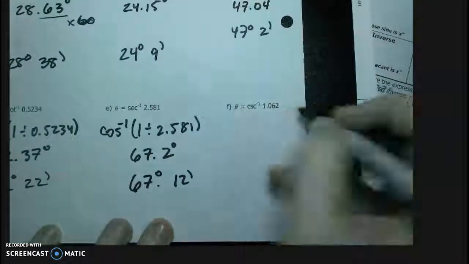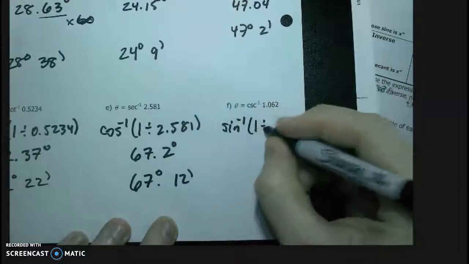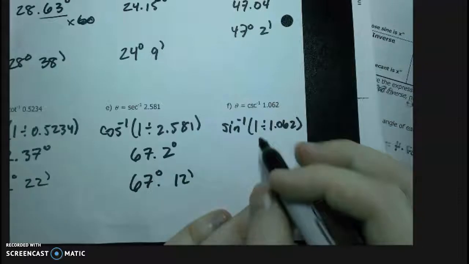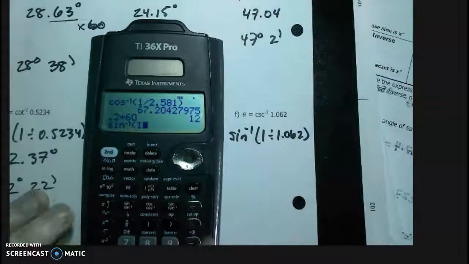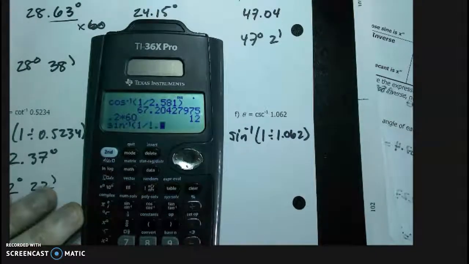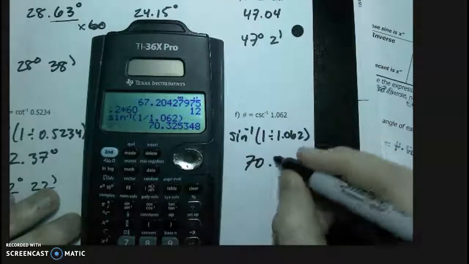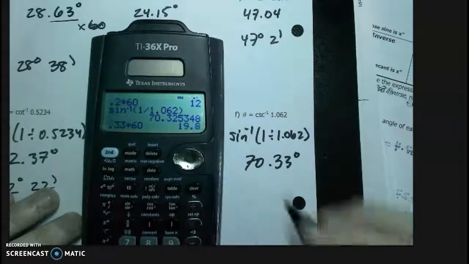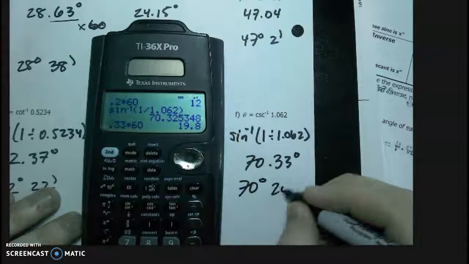And then cosecant, you're going to do inverse sine. I'm getting 70.33. Take your 0.33 times 60, and I'm getting 19.8, so 20 minutes.